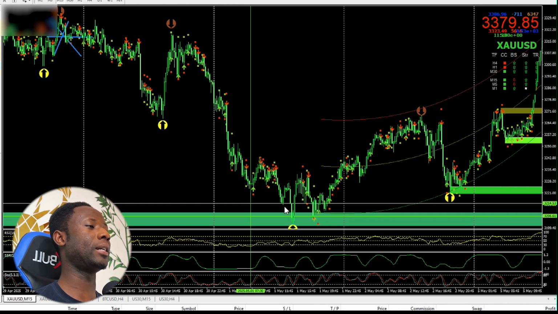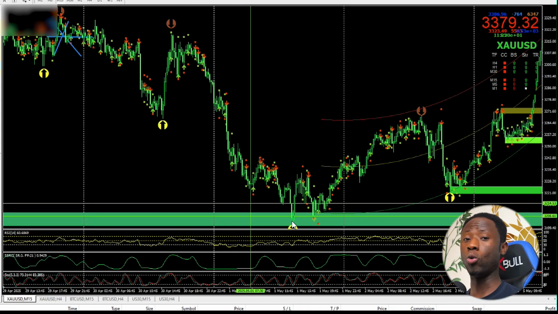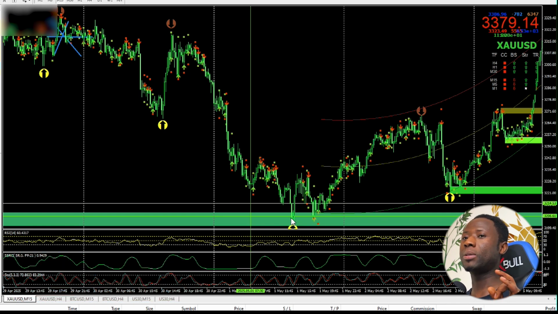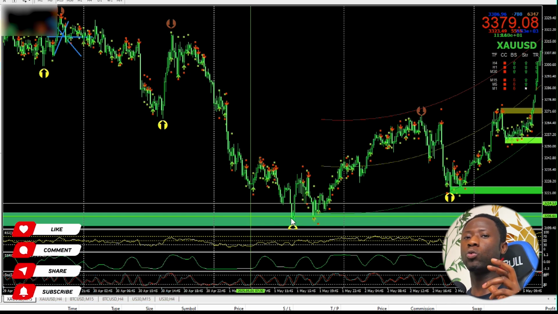It showed me a sell here and I jumped in, and the market came down, you see, and it was still saying sell, but I knew that it was going to buy. Why? That's why I'm saying you need to be smart with the strategy you are building. You don't just jump in like that based on the indication that you see here.